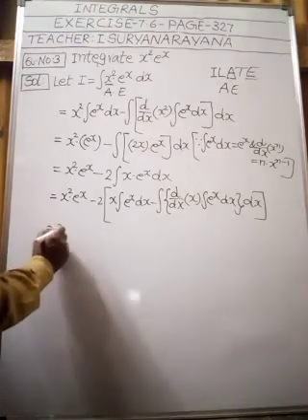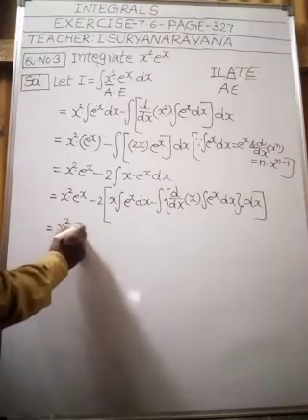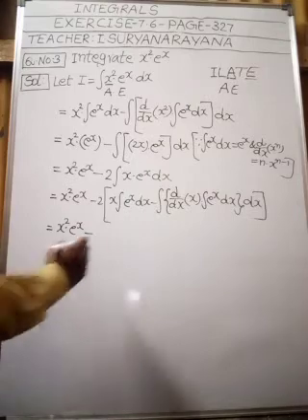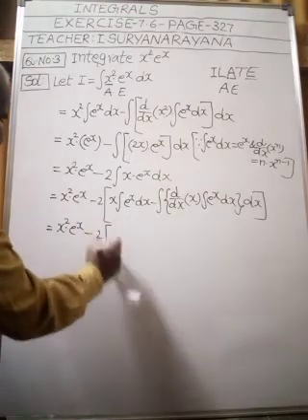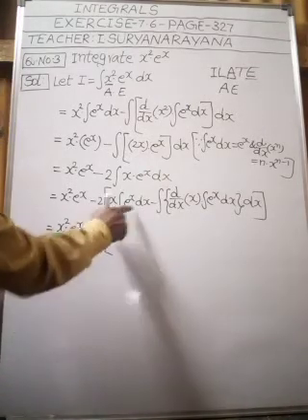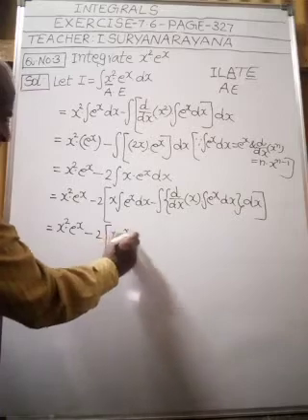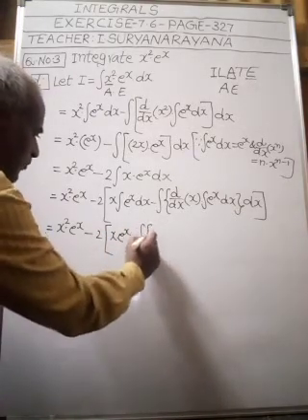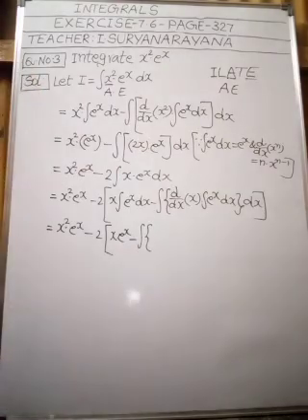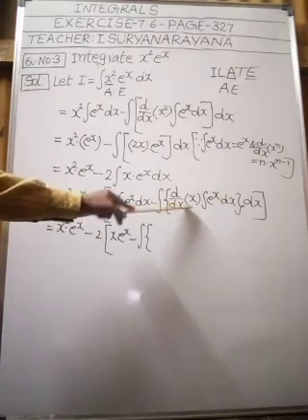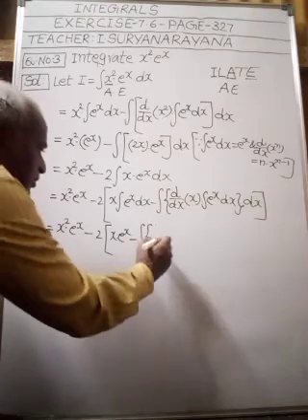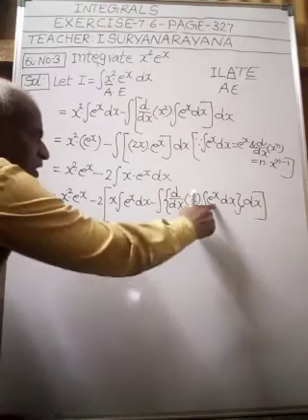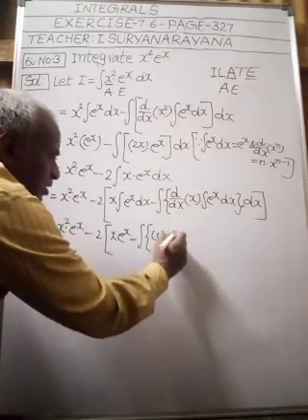That is equal to x square e power x. We write this first term as it is, minus 2 into x into integral e power x. What is the formula? E power x minus integral of d by dx of x. What is the d by dx of x value? 1 into integral e power x dx. E power x.